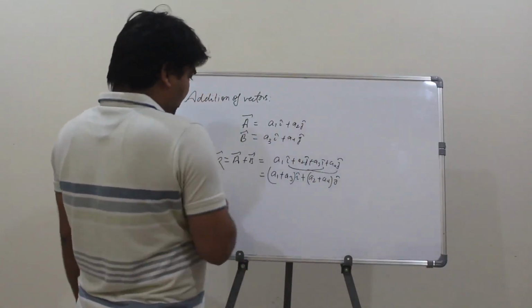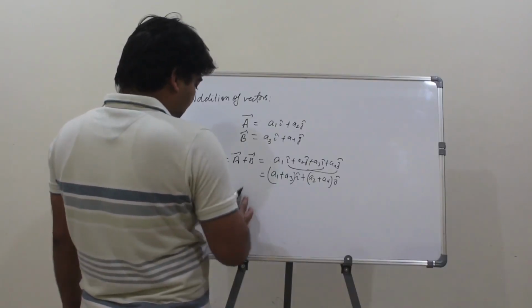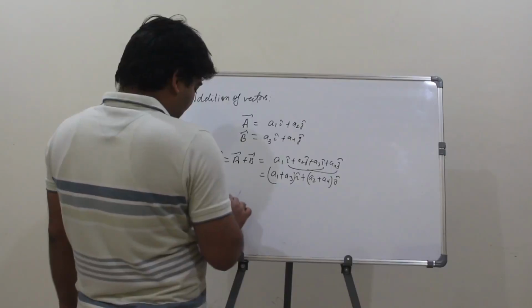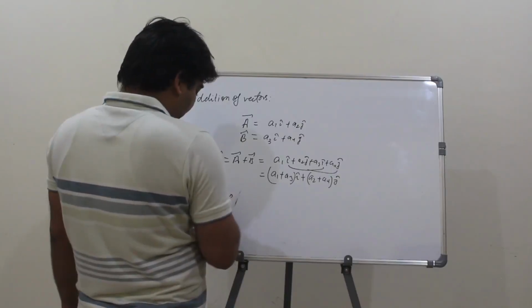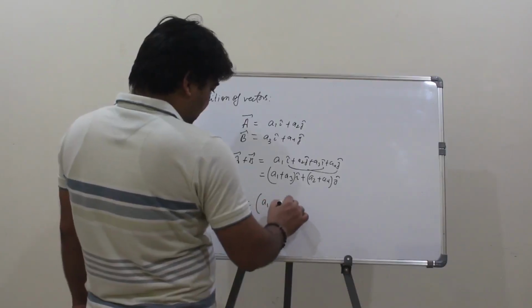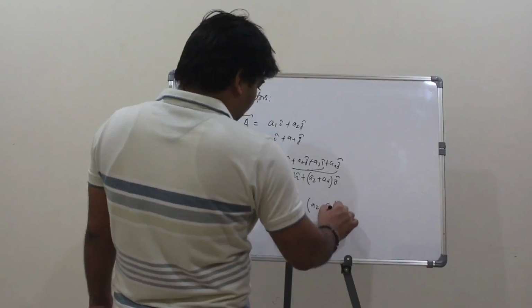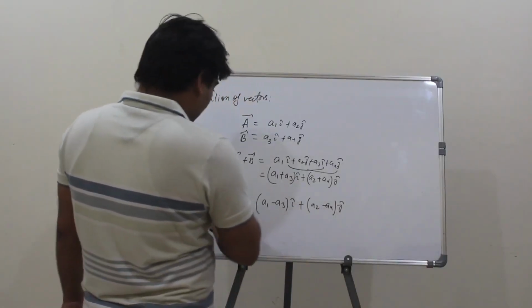And the same will work for subtraction also, right? So A minus B will simply be A1 minus A3 i cap plus A2 minus A4 j cap.